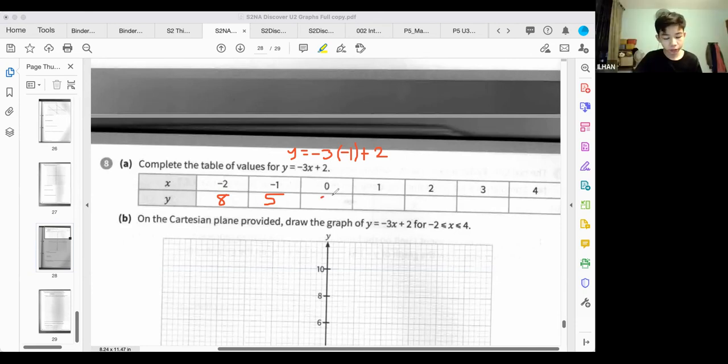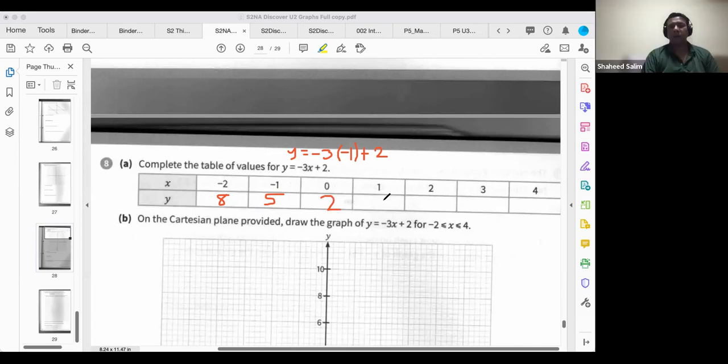Is it 2? Yes, 2. Next one. But this one is going to be different. Negative 3 plus 2, negative 1.